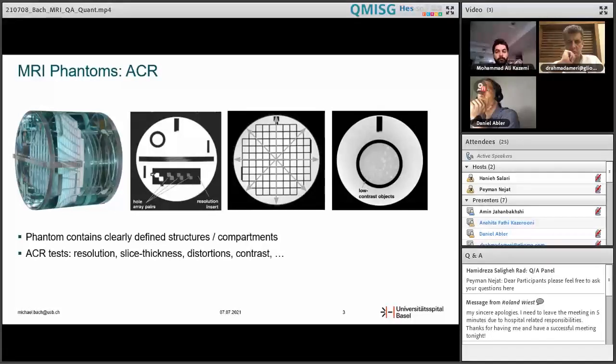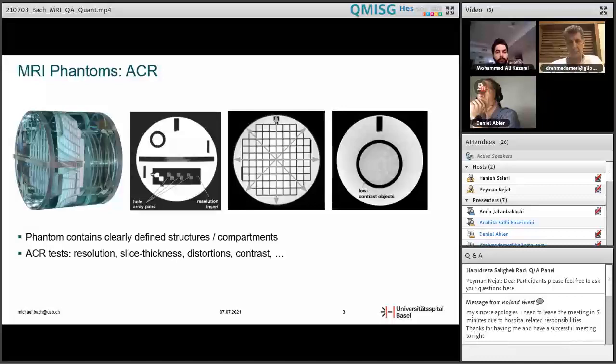The first example of an MRI phantom is the phantom of the American College of Radiology, which is shown here. And these are the test images created by an MRI acquisition. The phantom contains exactly defined structures, and the imaging device is tested by checking how well it can reproduce the well-known structures of the phantom.